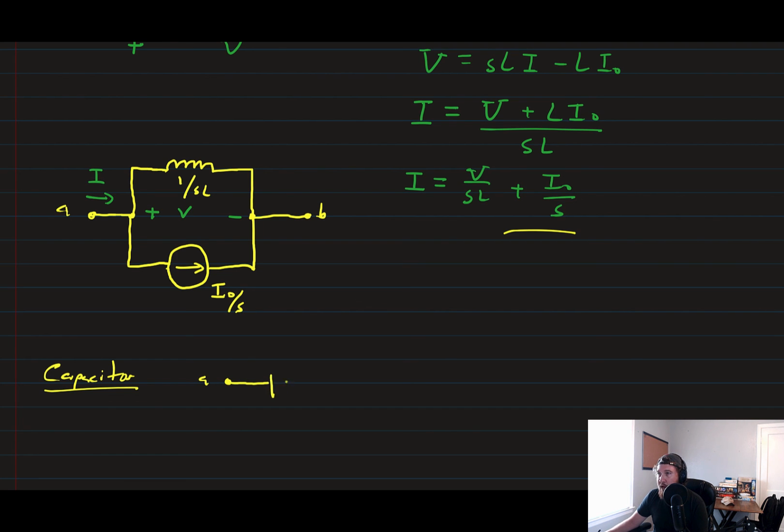We have node A, we have our capacitor symbol, and we have node B. The capacitor has some capacitance C. It's got a voltage drop across the terminals A to B, plus to minus, and then it has a current I. But just like the inductor had an initial current, the capacitor will have an initial voltage, V naught.